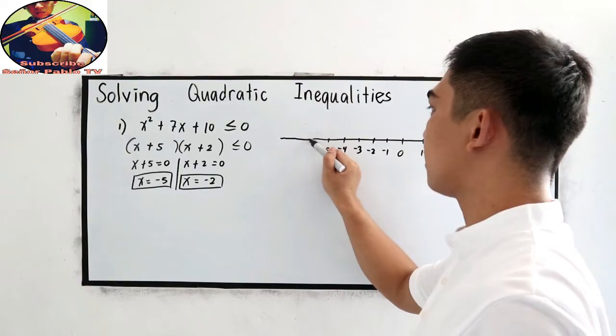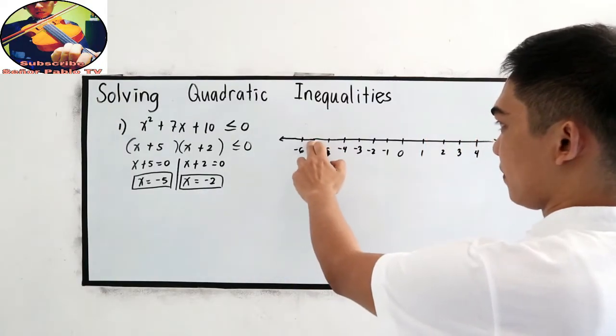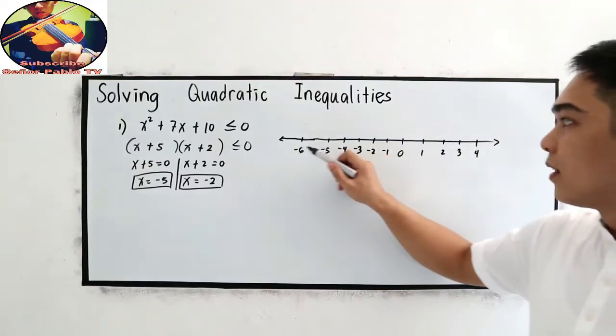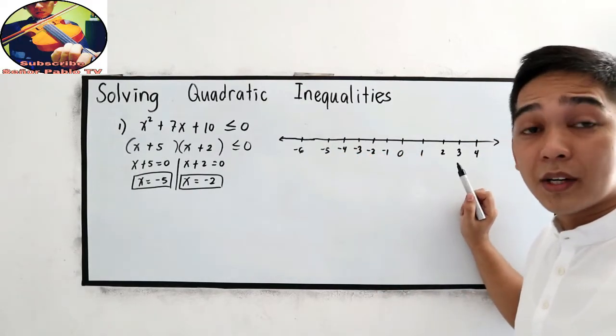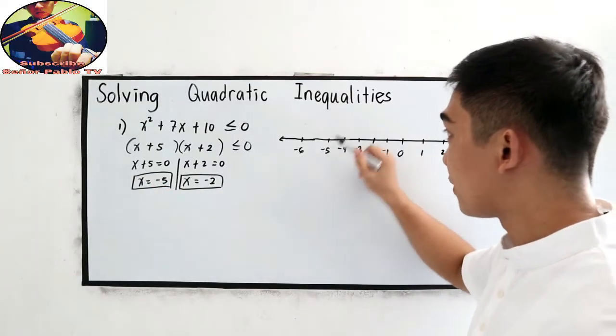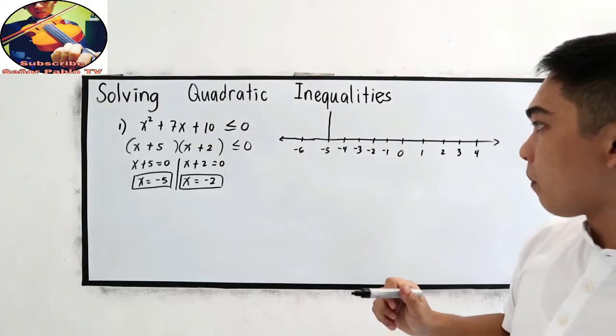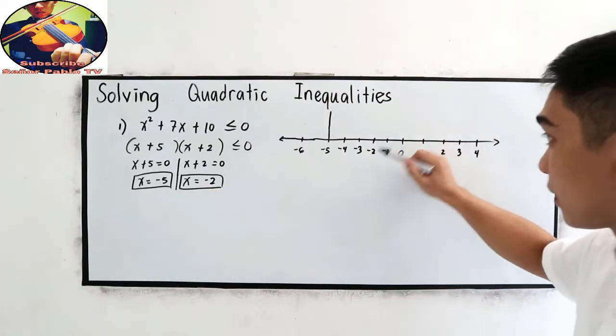Let us extend to negative 6. After getting our number line, locate negative 5. Where is negative 5? Negative 5 is here. And negative 2 is here.